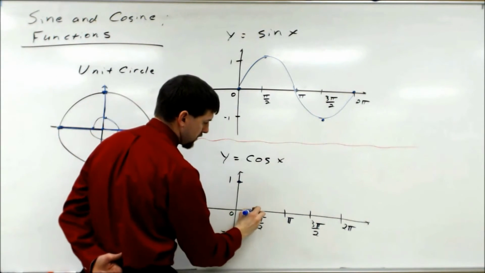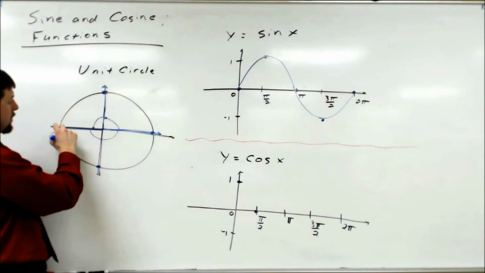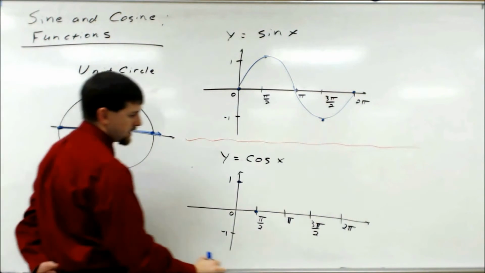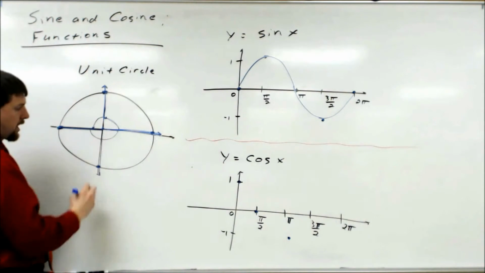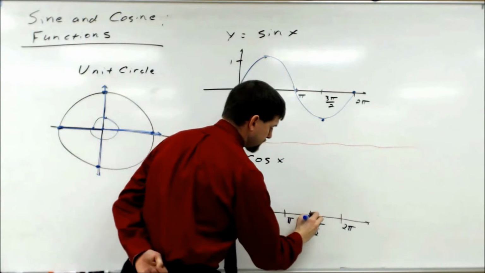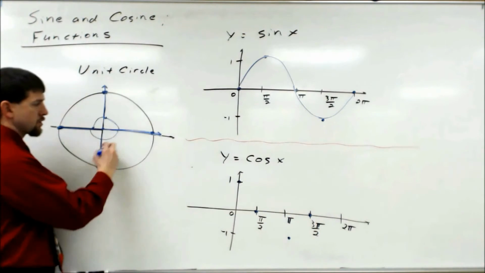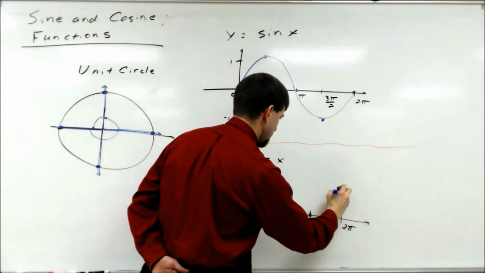It has no width. So at pi over 2, we're at 0. Down to 180 degrees, our width is at -1. At 3 pi over 2, our width is going to be at 0 again. And at 2 pi, the width is back to +1.